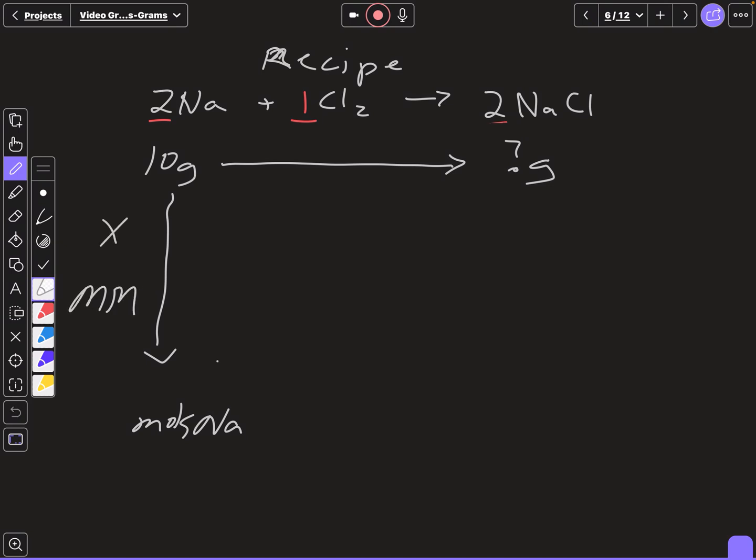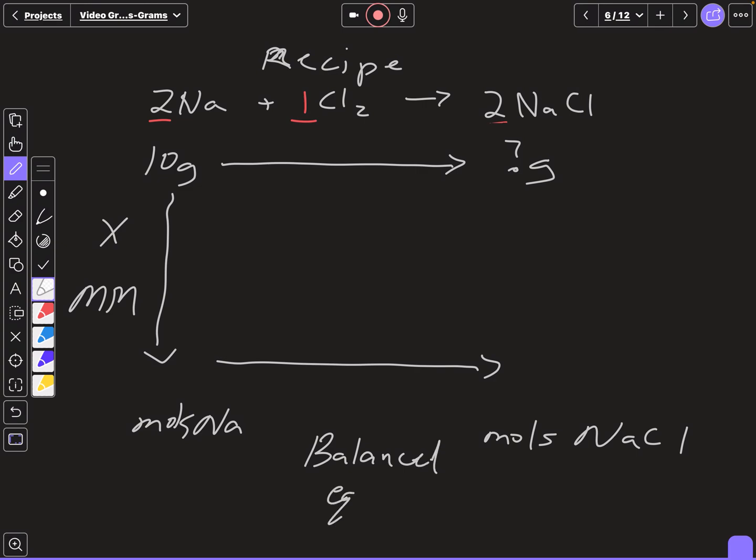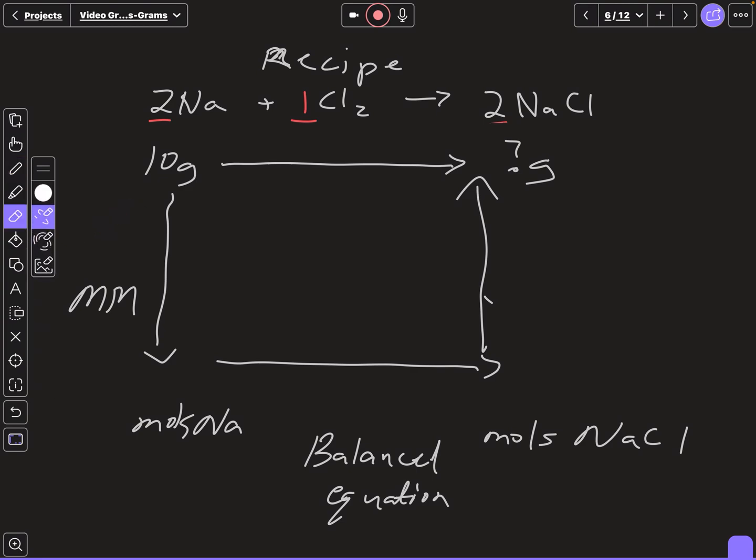Then once I'm in moles of Na, I can go to moles of NaCl by using the balanced equation and setting up a proportion. Actually, over here I made a mistake. When I said multiply by molar mass, I would divide by the molar mass to get moles.